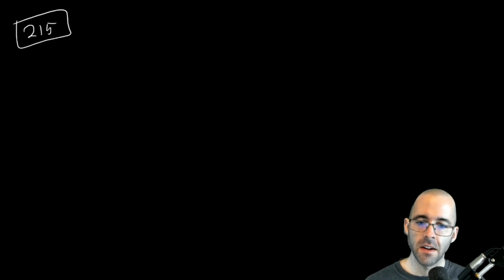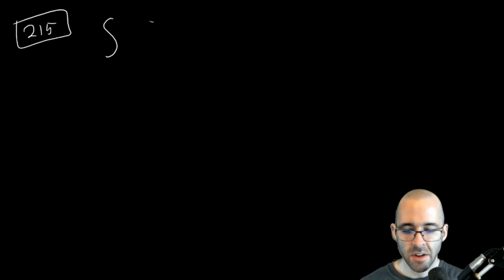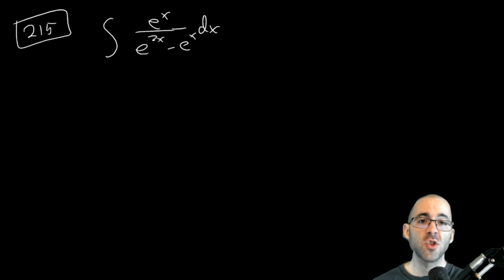215. Use substitution to convert the integrals and then use partial fractions. Integral of e to the x over e to the 2x minus e to the x. Now, just like this one that we saw earlier today, this screams u substitution.